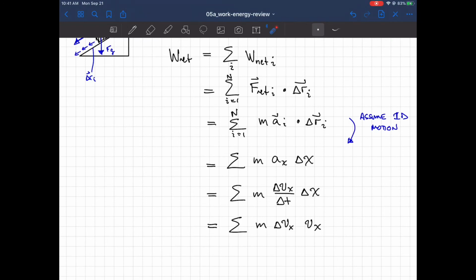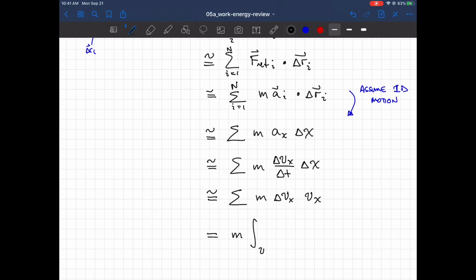But that thing is actually a sum. Notice I took delta x over delta t, it became vx by definition of vx, but this thing itself is a Riemann sum over delta v. So if this thing is approximately the total work done over some segmented path, then it's going to be exactly equal to m, the integral, from some initial v to some final v of vx dvx.